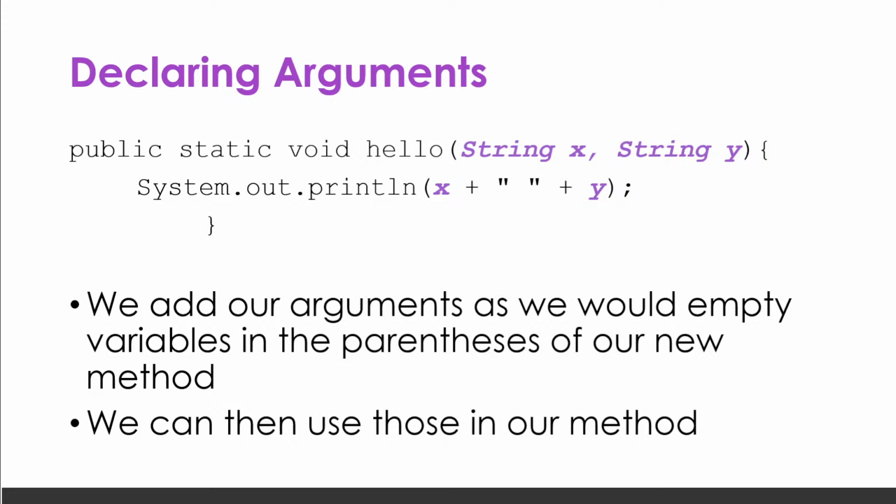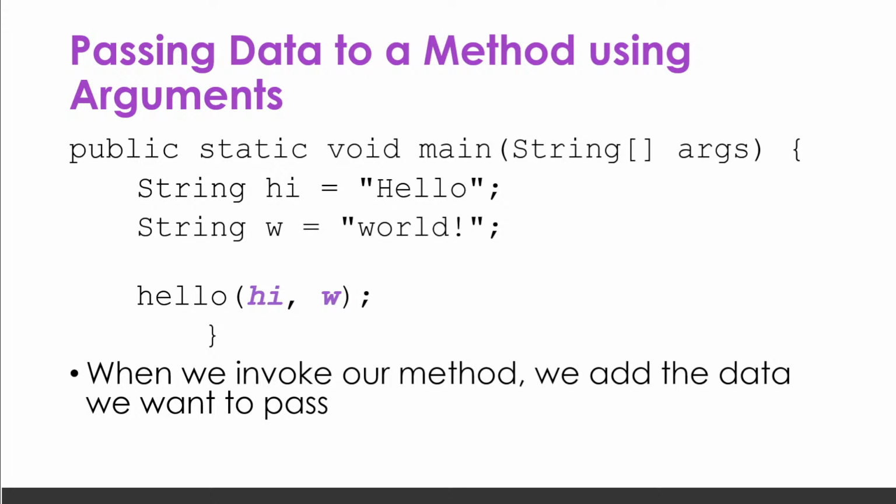We can bring them both into a singular method and concatenate them in there to do whatever we want with them, right? And so we see here we're bringing two parameters, or two arguments, in. The way we pass the data into these is we just put it in the same order as we get it on the output.